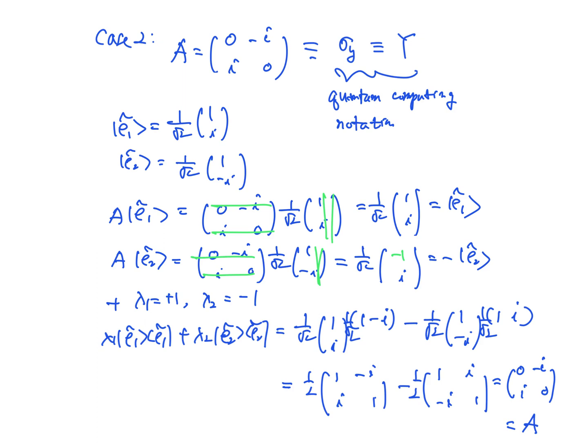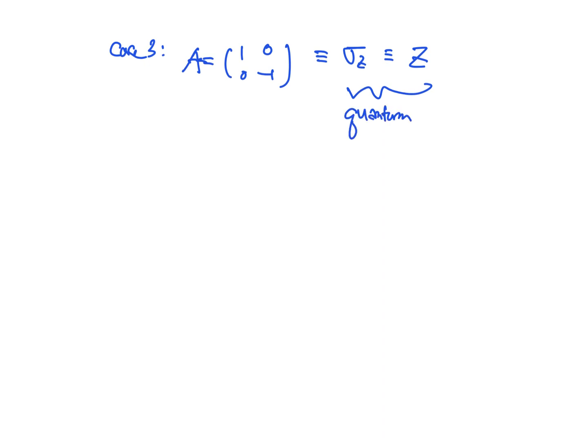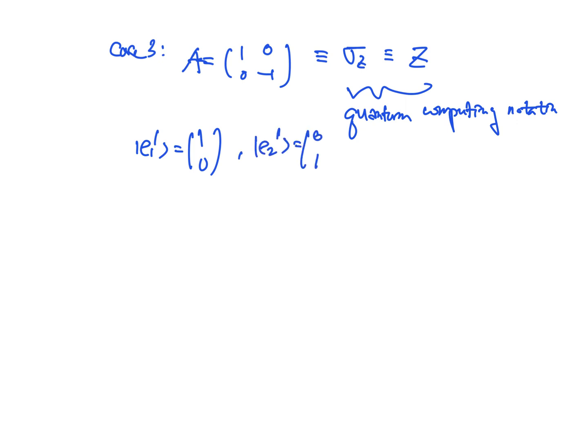Case 3. When A is [1, 0; 0, -1], which is sometimes called sigma z. Of course, this is again quantum computing notation. Let's say E1 prime is [1, 0] and E2 prime is [0, 1].